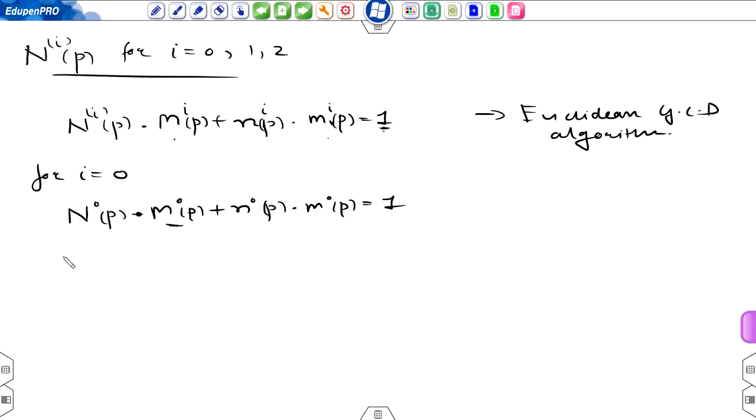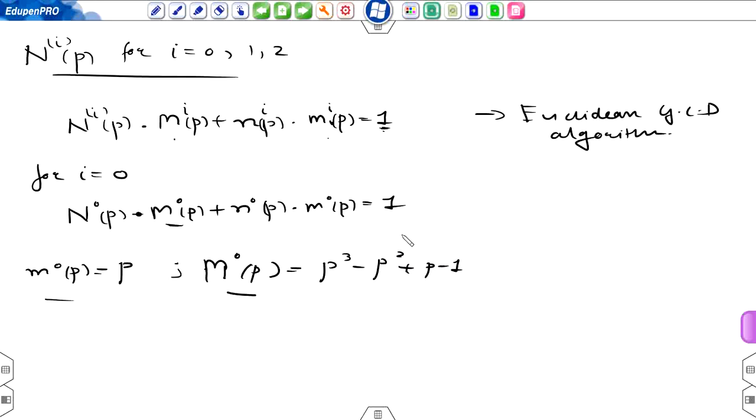Now this m0(p) is given by p, and capital M0(p), that we have calculated as p cube minus p square plus p minus 1. So we already know that the GCD of these two numbers is 1.